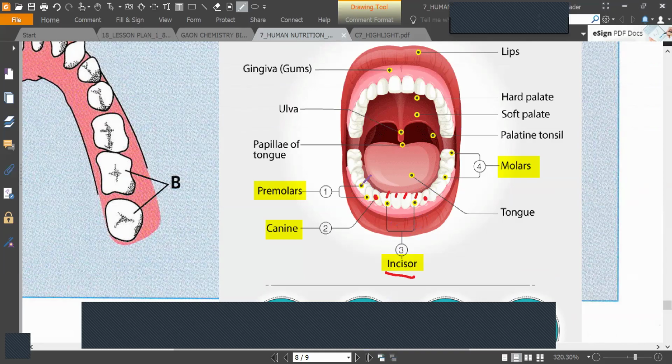Then premolars, 4: 1, 2, 3, 4. And then the rest will be molars. So we just need to remember the position and then know how to label them.